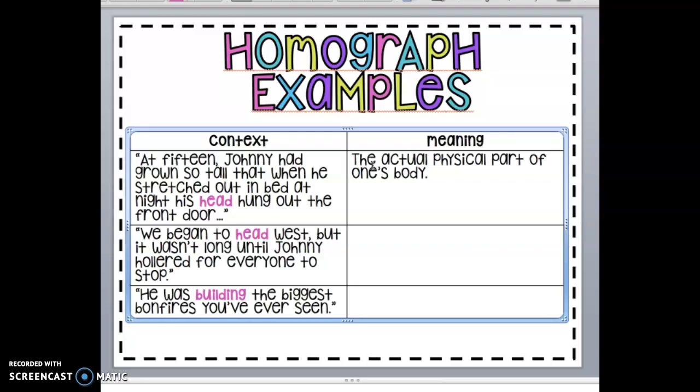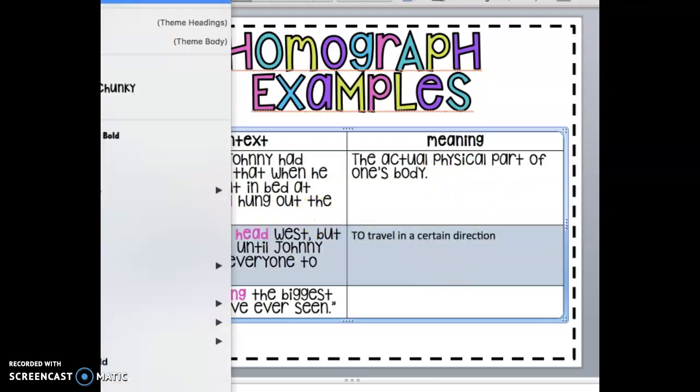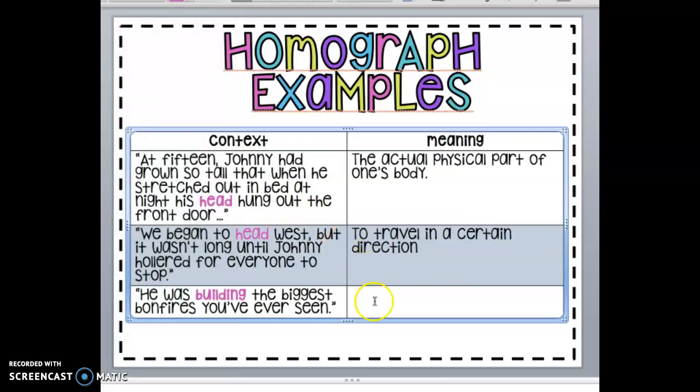So if you decided that the word head means to travel in a certain direction, you are absolutely correct. Good job, guys. Now let's take a look at one more example.